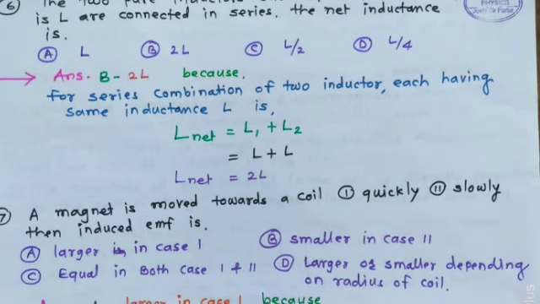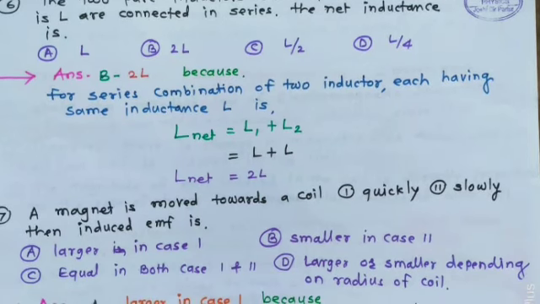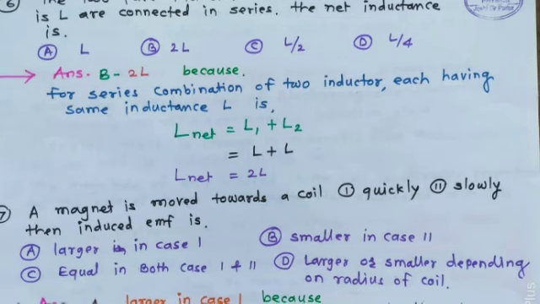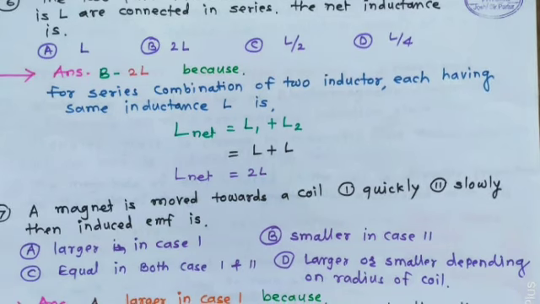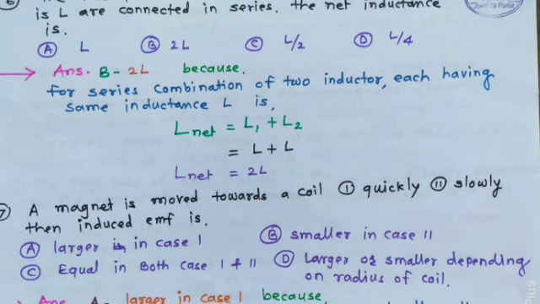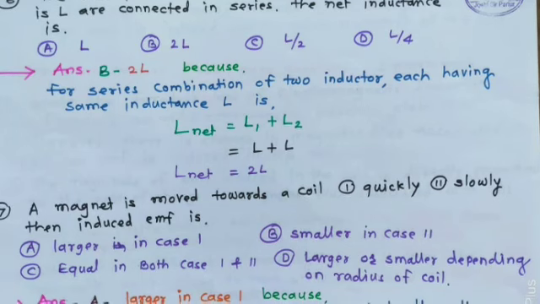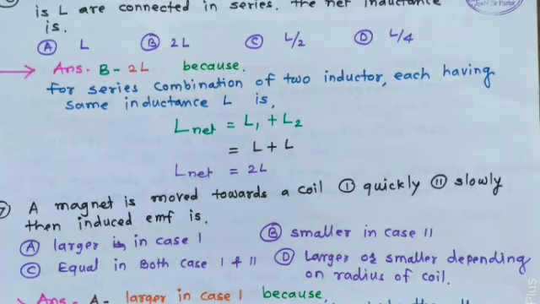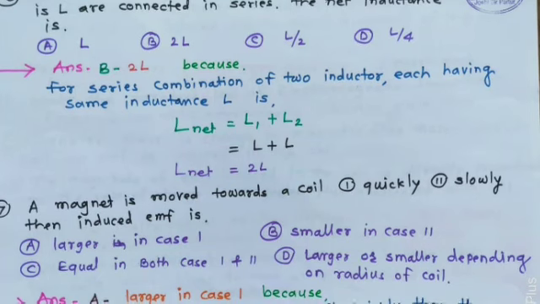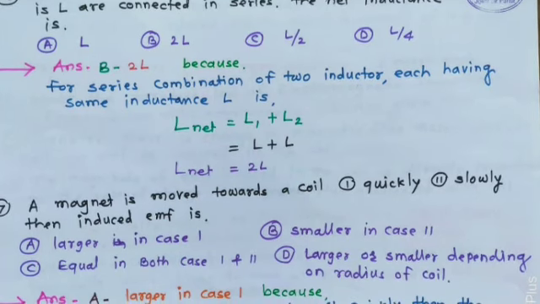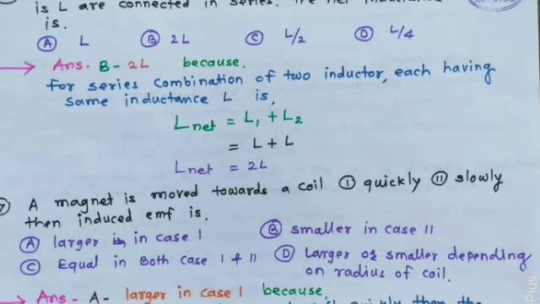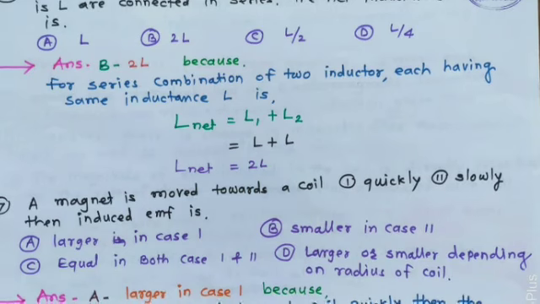So here the answer is option B 2L, because for series combination of two inductors each having the same inductance L, net is equal to L1 plus L2, that is L plus L, which becomes 2L. So net inductance will be 2L.